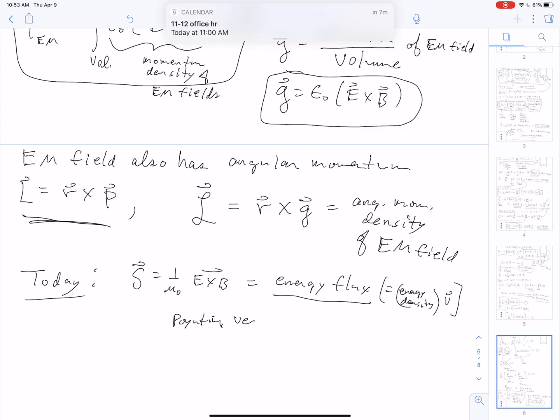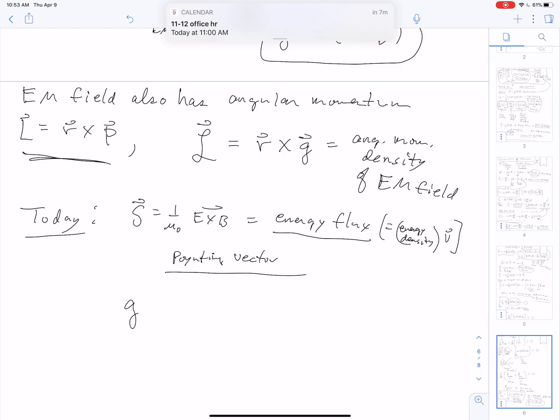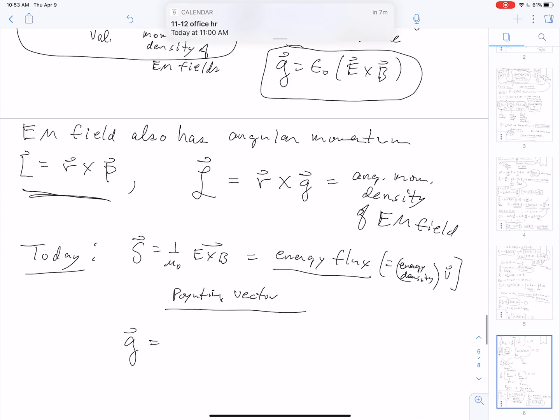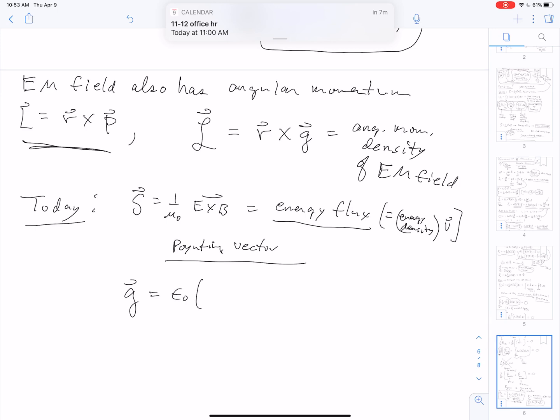But then what we also derived is that electromagnetic fields have a momentum density, G equal to epsilon naught E cross B. And this is a momentum density. So they're different. I just want to emphasize that they're different. It's not a flux. We're not talking about a flow of momentum. We're talking about the electromagnetic field just sitting there and carrying momentum.